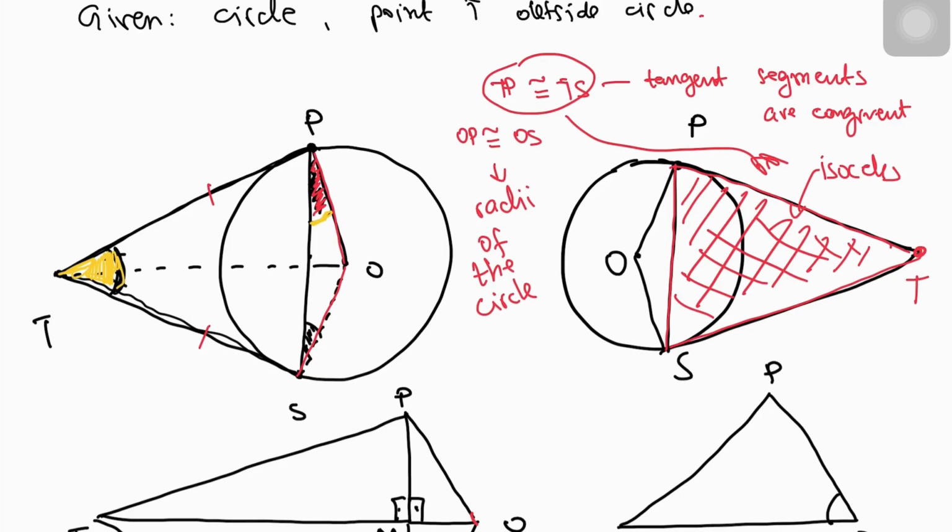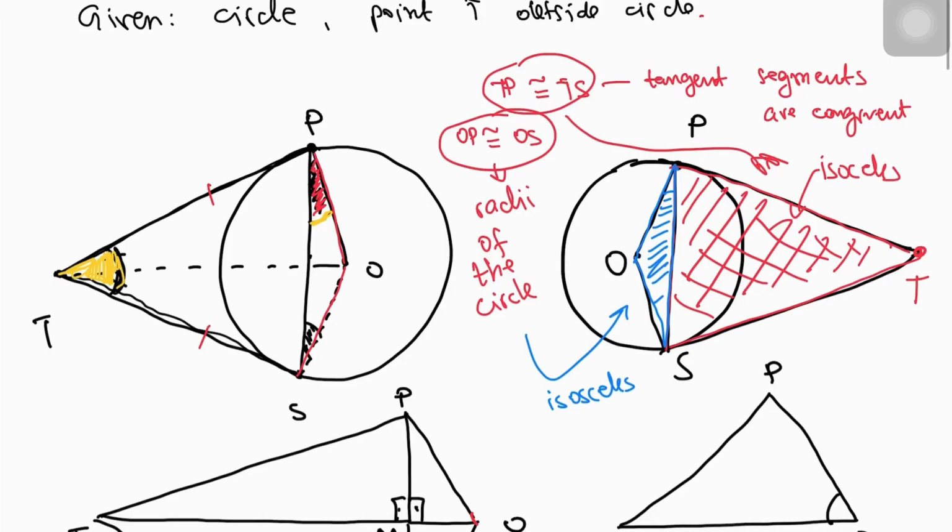And also this fact implies that the triangle OPS is also isosceles.